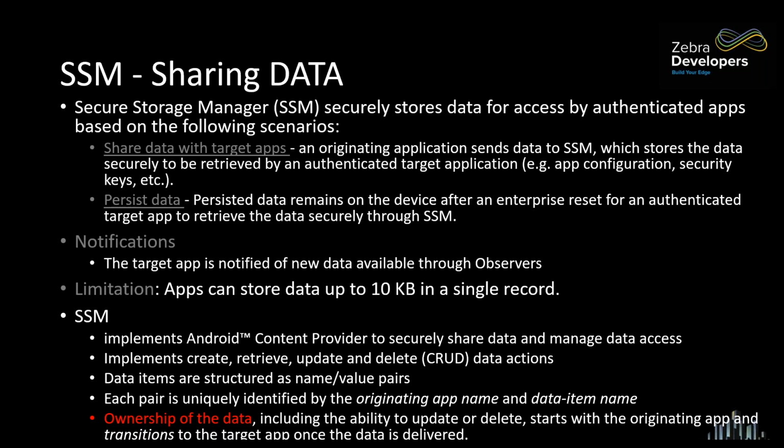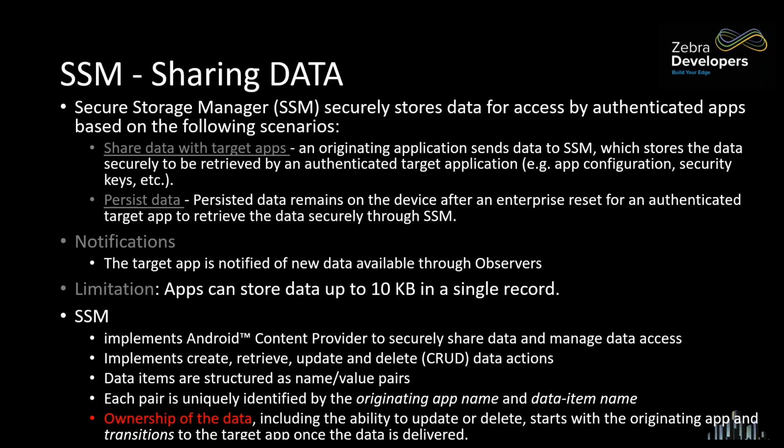The APIs offer the so-called CRUD data actions, so create, read, update, and delete, like for any database. And the data is structured as a key value pair, so you have to define this pair when it comes to calling the API.